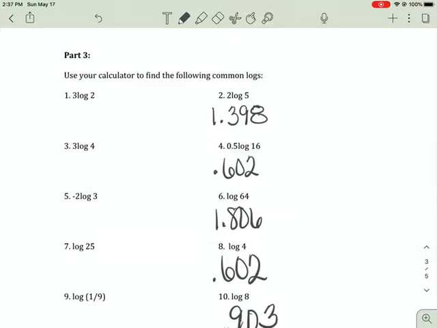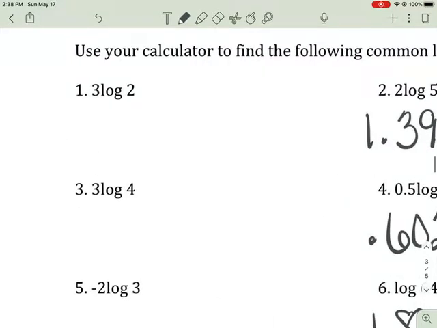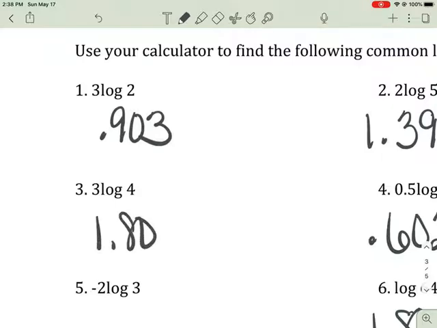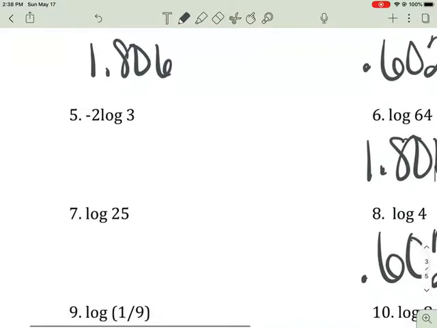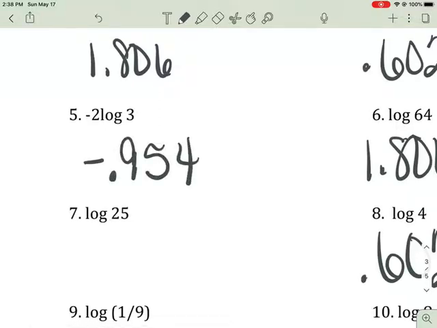Okay, so let's see what happens. Looks like we have a number in front. So pause the video again, see if you come up with this. I'm going to round that to 8.